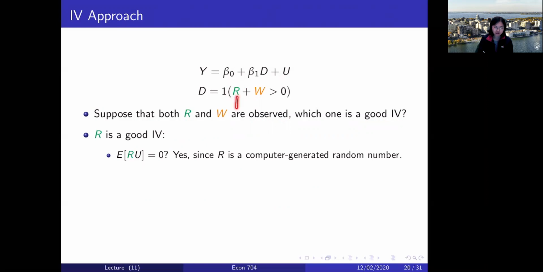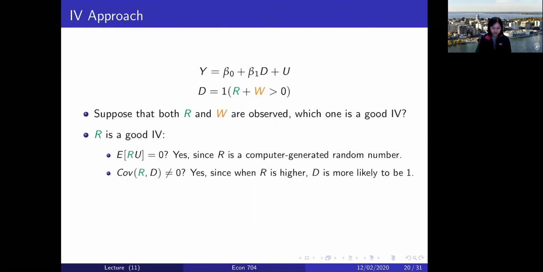And is R also relevant for D? Does a higher value of R make D equals 1 more likely? Well, clearly it does. Look at this, right? A higher value of R makes D more likely. So it satisfies both conditions required for an instrumental variable, therefore it can serve as a good instrumental variable.